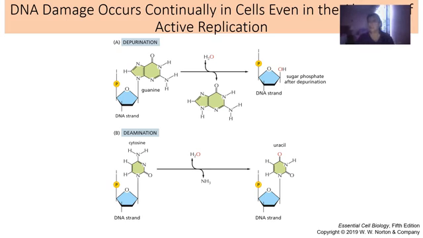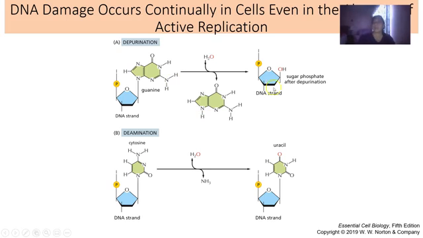Depurination is specifically when one of your purines, one of these double ring bases, gets taken off the DNA strand. So it just gets removed. Again, they are in an aqueous environment. The oxygen in the water can react with the actual bases, and it can cause the base to get removed, right?